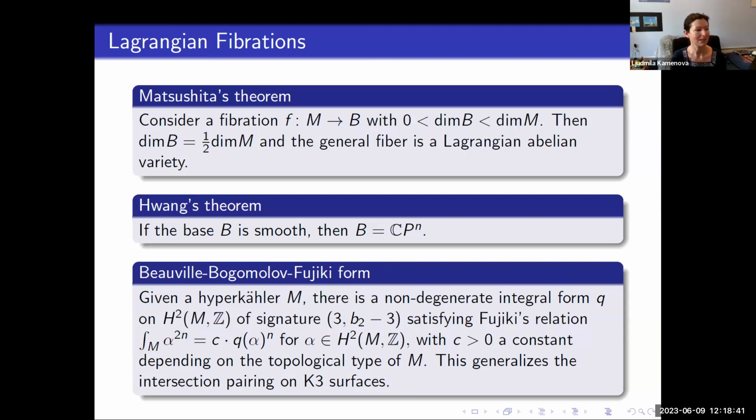And so with a lot of effort, people at the end, like Verbitsky, established Torelli type theorems for hyperkähler manifolds using this quadratic intersection form on H2. Thank you. Okay, I'll talk a little bit about this in a few slides.